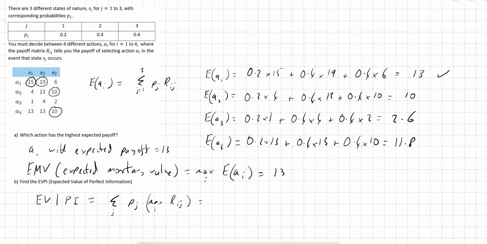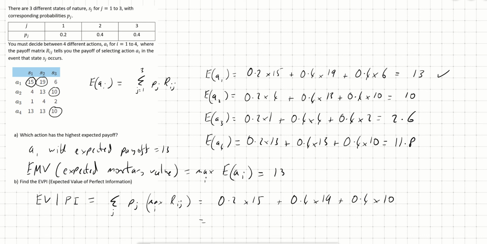The first column is 0.2, and the maximum value in the first column is 15. The second column, the probability of S2 is 0.4, and the maximum value in the second column is 19. And then S3, again 0.4 is the probability, and the maximum value in the third column is 10.